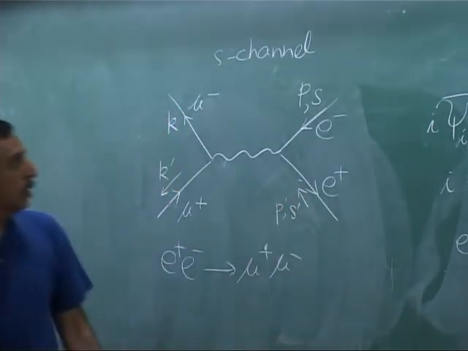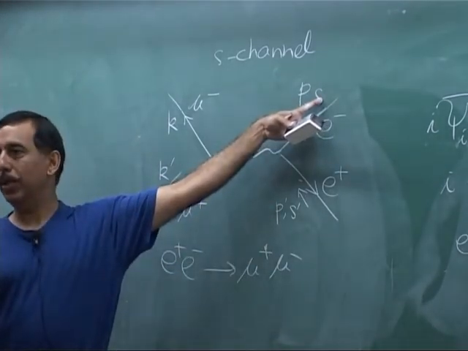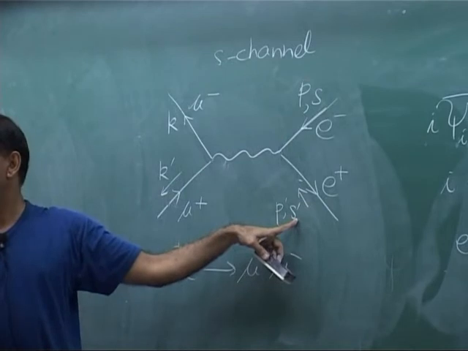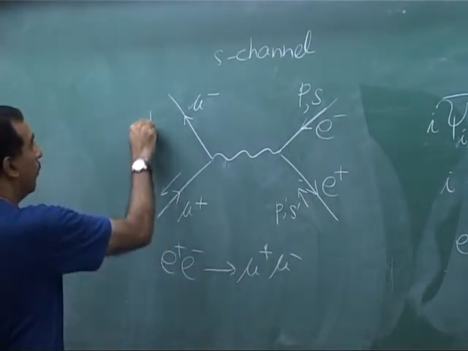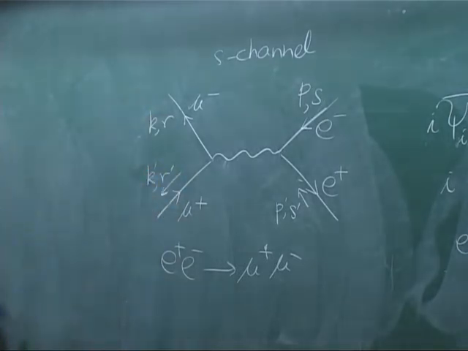This means an electron with s polarization where s takes the values 1 or 2, and this with polarization s prime where s prime also takes the values 1 or 2. And here k with r, k prime with r prime. We'll start with this, but we'll see that we don't always need the full information.